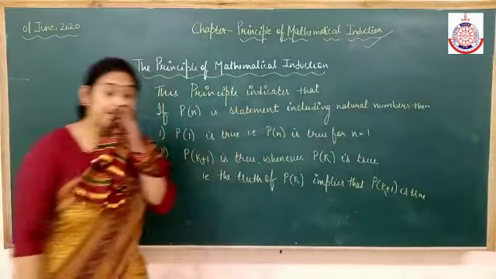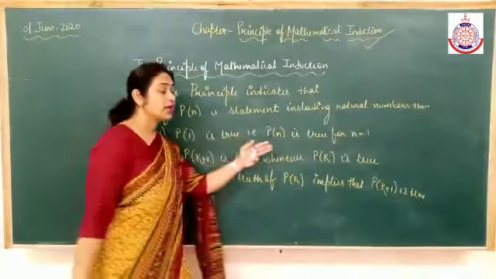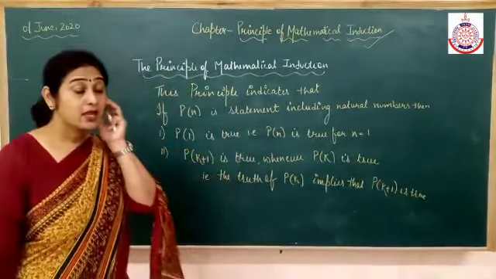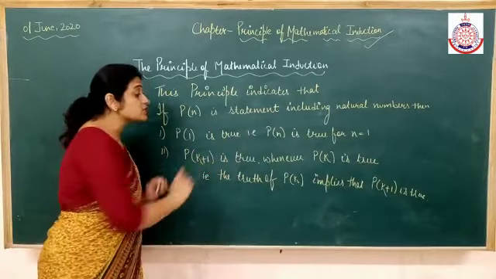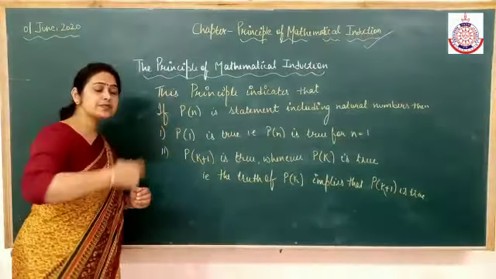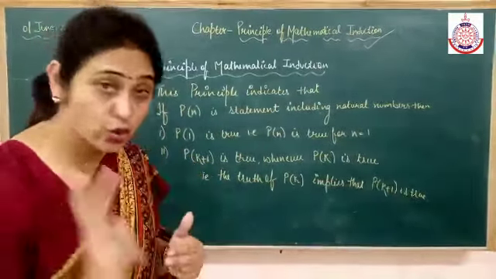Is it clear? So what are we doing? P1 is true. That means if I put n equals 1, the given statement is true. Then Pk plus 1 is true whenever Pk is true. That means we assume that Pk is true, and for that we prove that Pk plus 1 is also true.